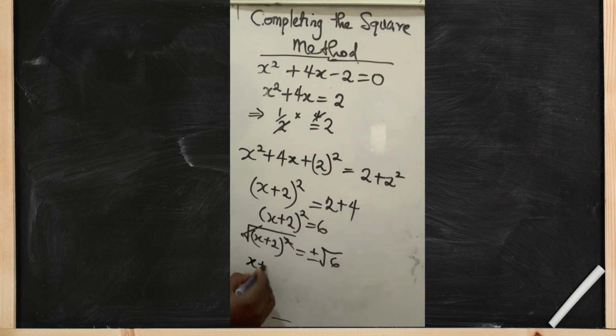Then we have x plus 2 equals plus or minus root 6. Right? So now we're having x equals minus 2 plus or minus root 6. So this is simply saying x equals minus 2 plus root 6, or minus 2 minus root 6.